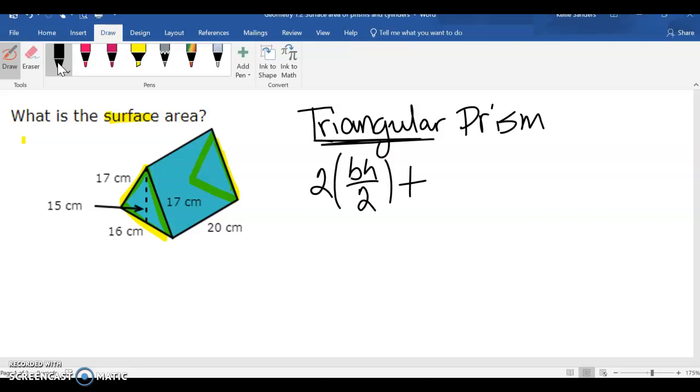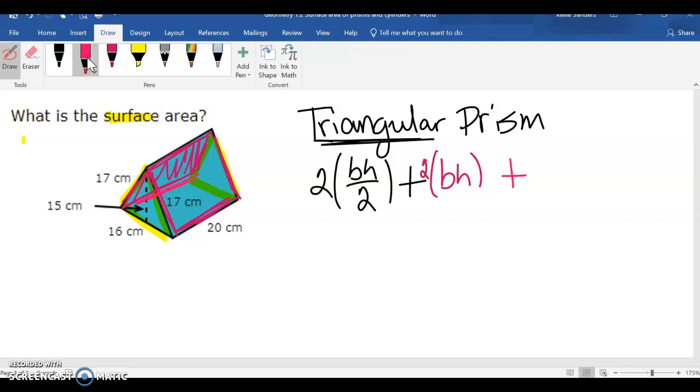Then we have this side and this side, and those are rectangles. So how do we find the area of a rectangle? Base times height. But in this case, we have two of them again.